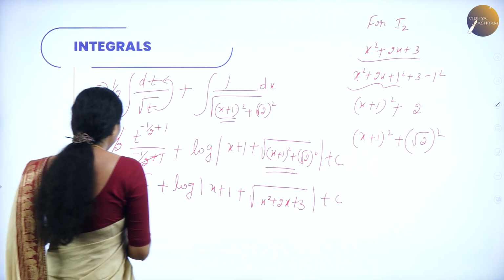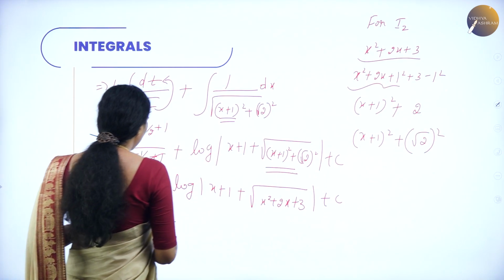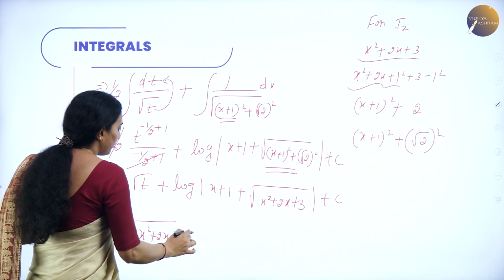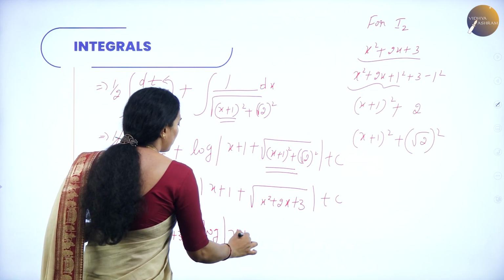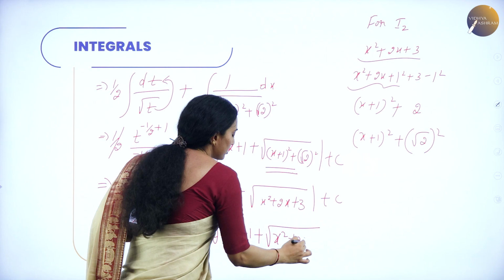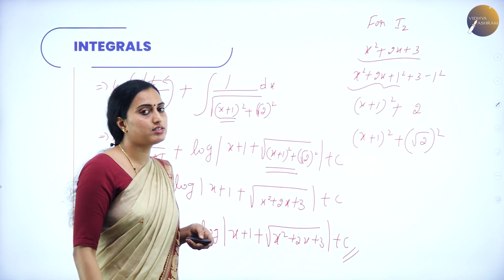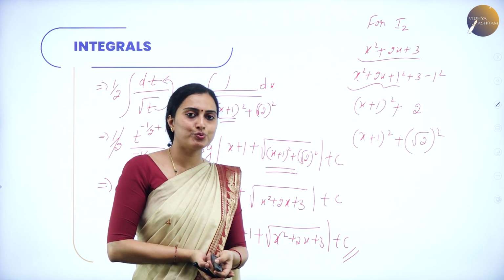Now substituting back to t, under the root of t we have substituted x squared plus 2x plus 3, plus log of modulus of x plus 1 plus under the root of x squared plus 2x plus 3, plus c. And this is your final answer. You are going to get it, dear students. I hope you got this one also.